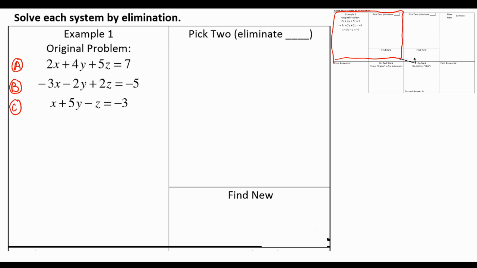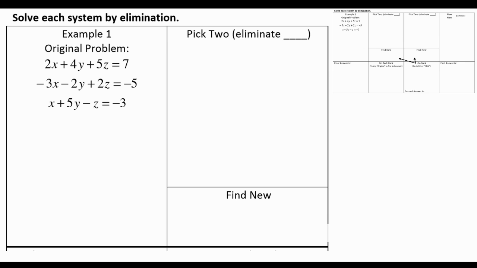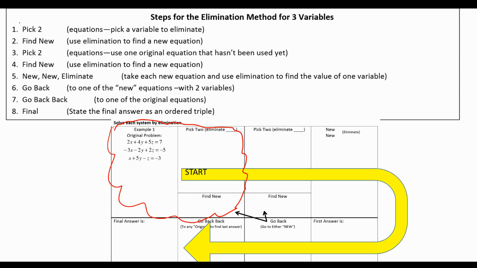And if you read your first step on your own notes there, it says step 1 is to pick 2. If I read through these steps right here, there's kind of a little song that goes with it. So I'll keep saying that song.